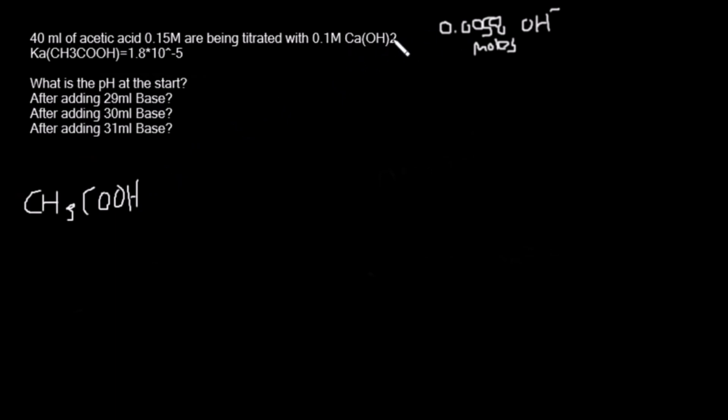You can react, but as I said, you're going to need to dissociate the salt. So it's just easier to react your acid with the hydroxide only, because you already know the moles of the total hydroxide that you added.